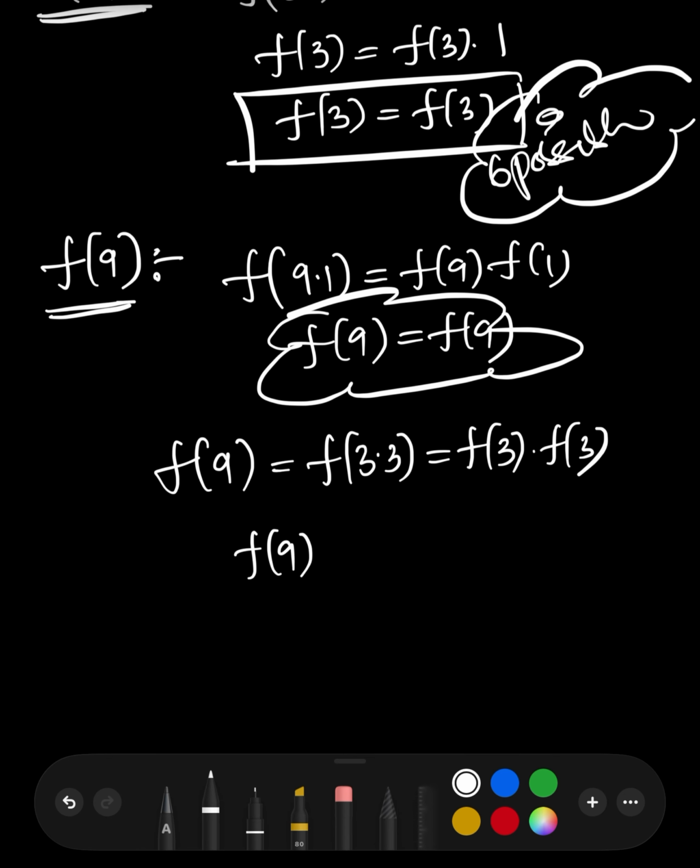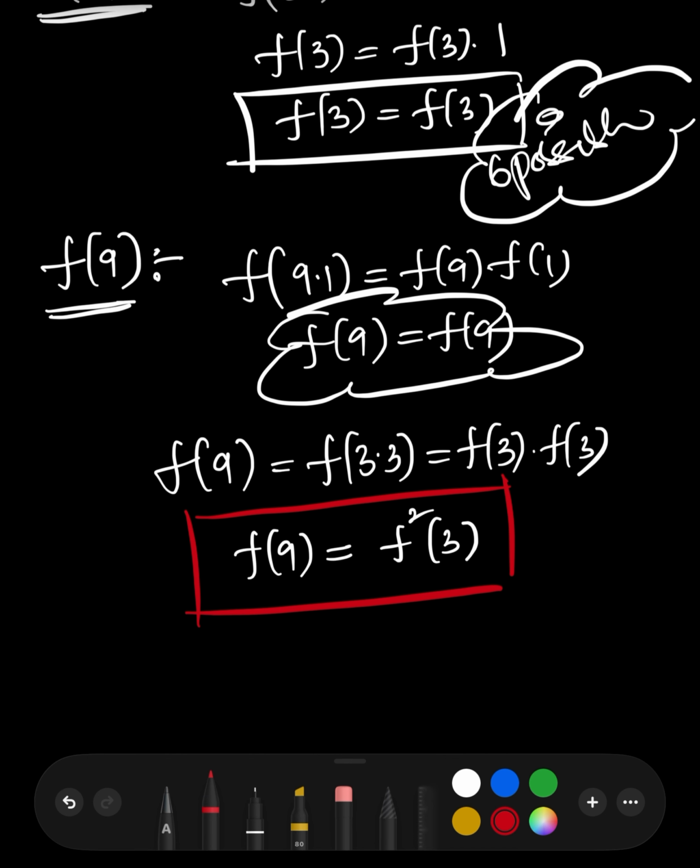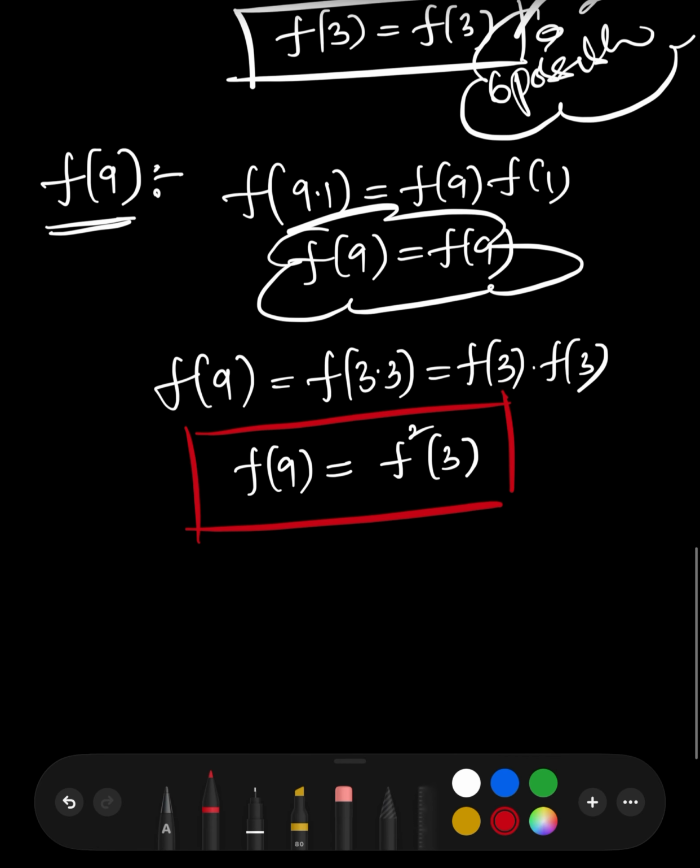So f of 9 is f square of 3. Here is the most important thing, because f of 9 clearly depends on f of 3. So like the previous question I discussed, together chances, because f of 3 is what we have to consider for f of 9.